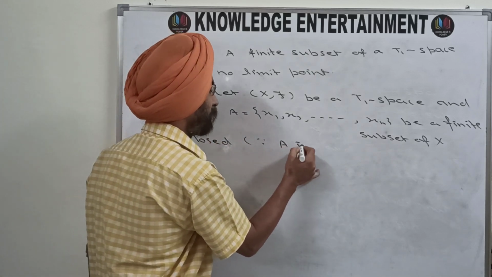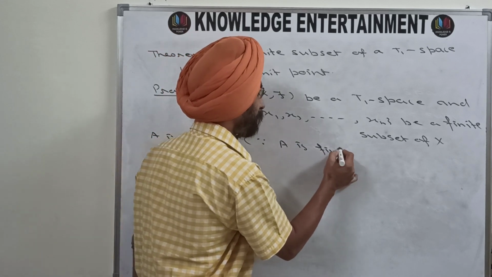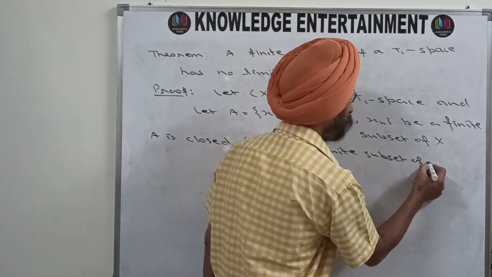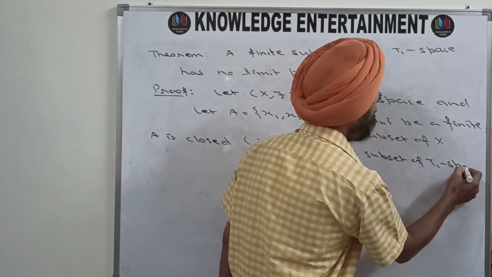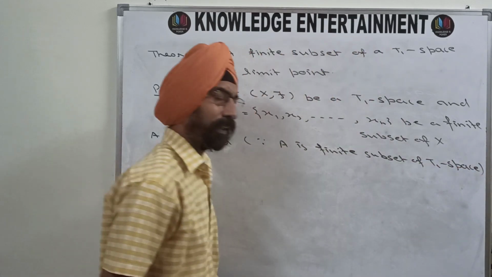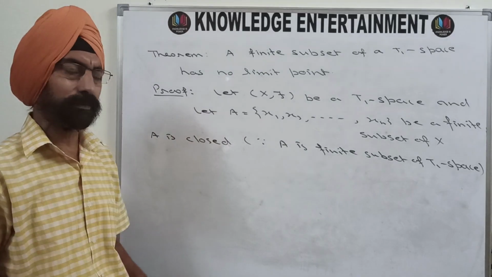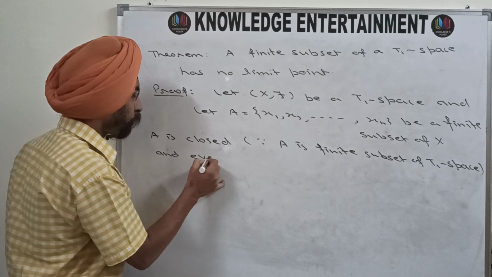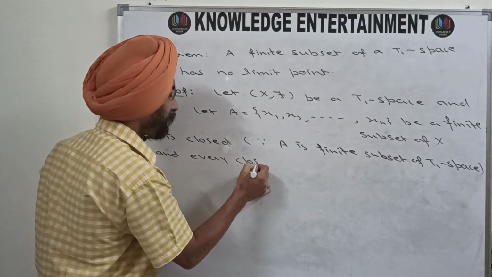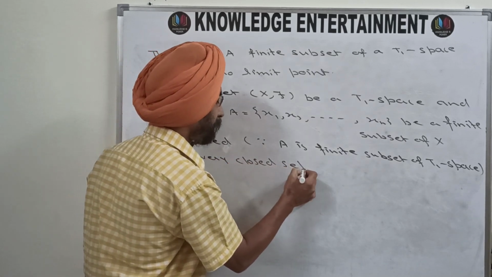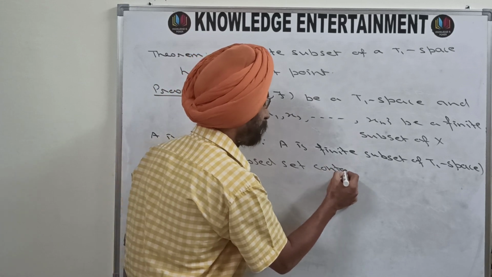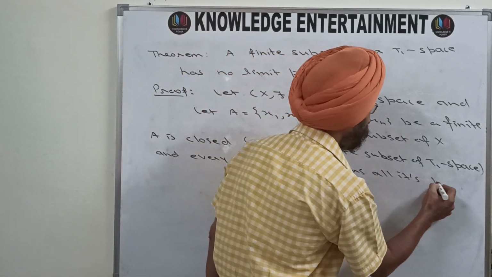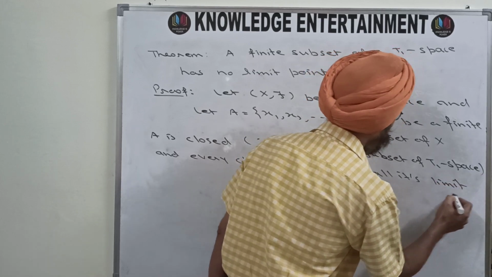Because A is a finite subset of T1 space, and finite subsets of T1 space are closed, so A is closed. And every closed set contains all its limit points.